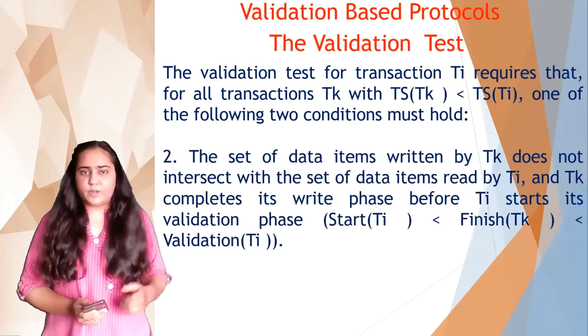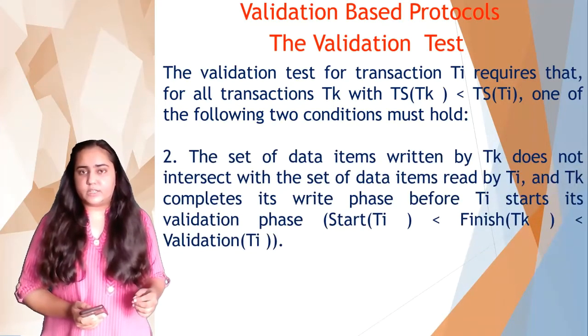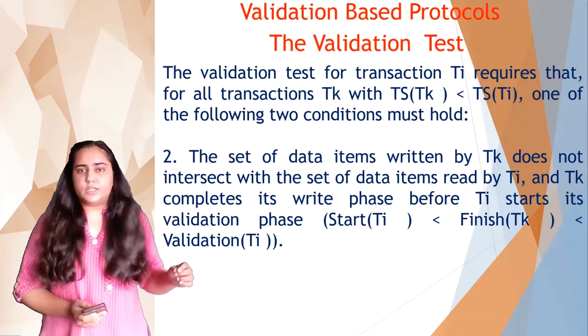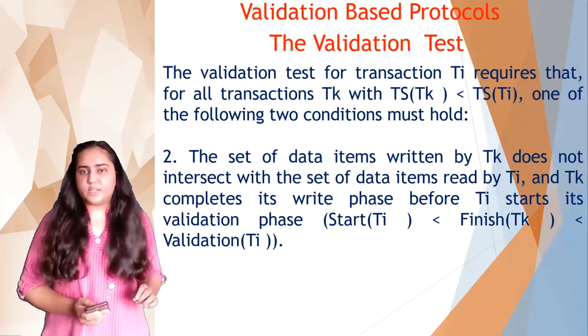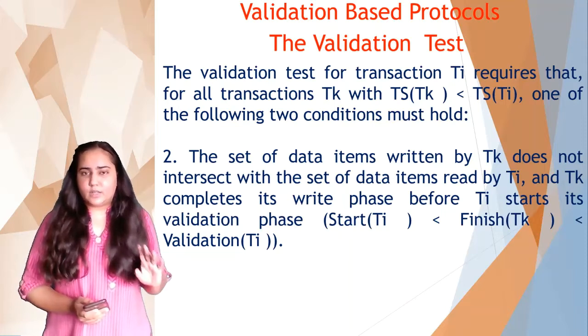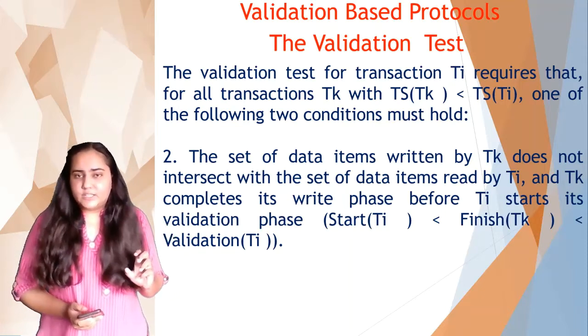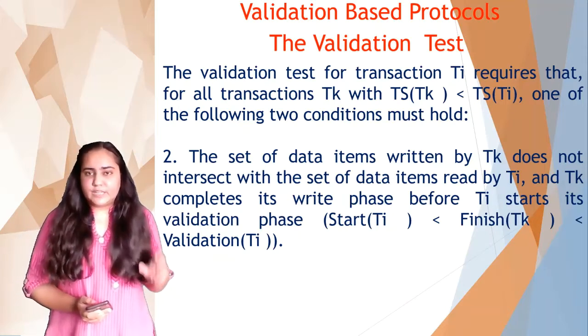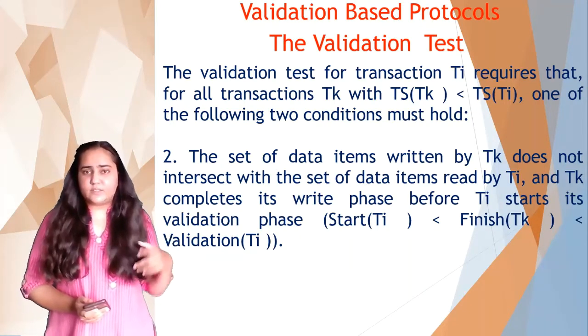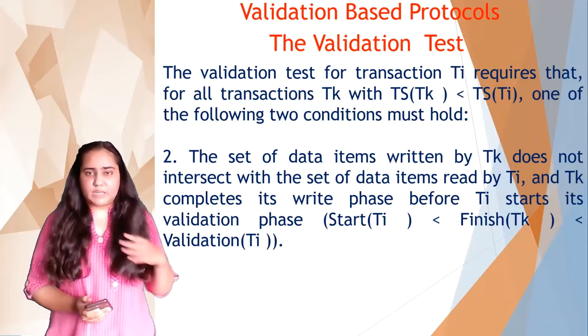And the second point is that the set of data items written by Tk does not intersect with the set of data items read by Ti. Let me just explain that first. Remember Tk is not one transaction, Tk can be many transactions.